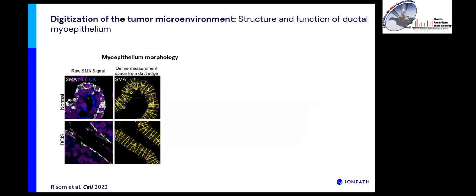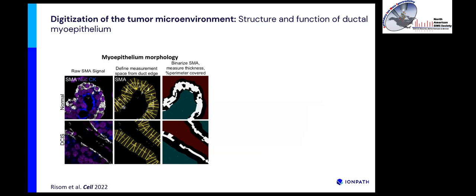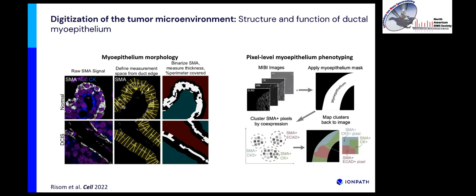And then we can define parameters that tell you about the shape or the size or the structural features of the myoepithelium. So here they're looking at the space from the duct edge. They also binarize that, measure thickness and the perimeter that was covered by the myoepithelium, and then reduce all of that down into individual parameters that can be used later on.